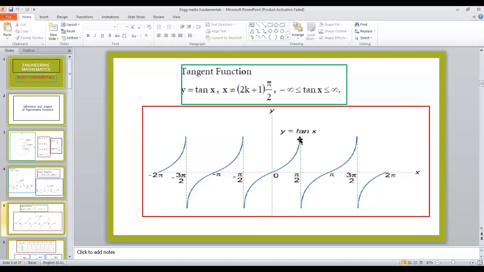But when you substitute x as π/2, what is tan of π/2? Not defined. Yes, you are correct. Not defined, that is infinity. And this value, that is distance, we get on the y-axis.